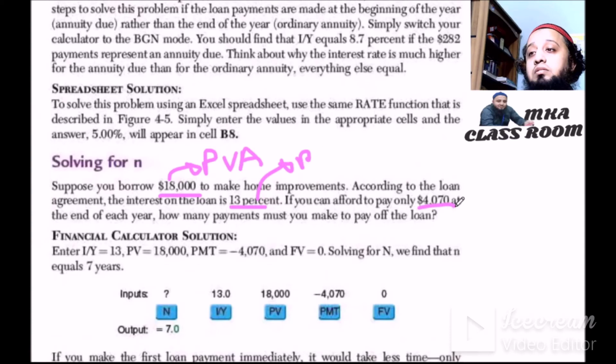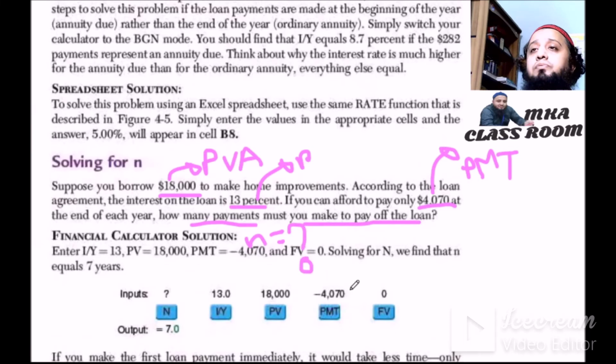And PMT, you are providing each year 4,070. Each year you are providing. And now the question arises, how many payments must you make to pay off the loan? That means number of n. What should be your number of n?